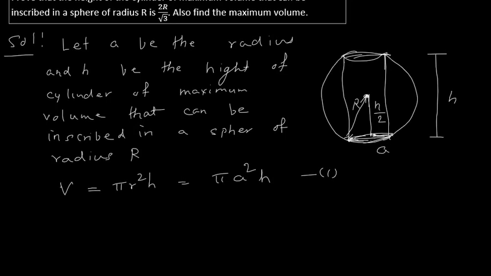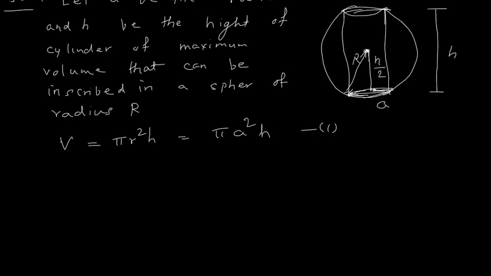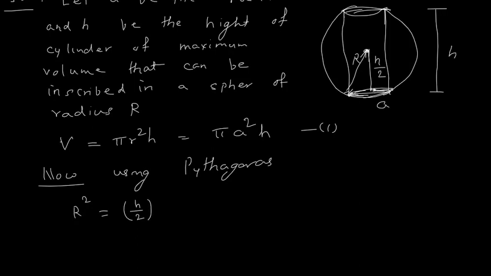Now using Pythagoras, we have R square is equal to h by 2 the whole square plus a square. Now here what I am doing is converting either h in terms of a or a in terms of h? So better I will convert a in terms of h.